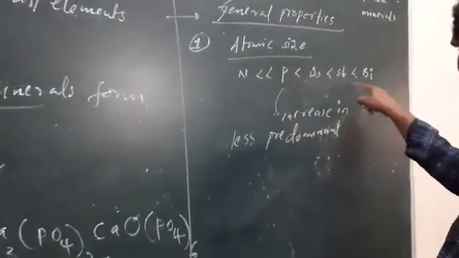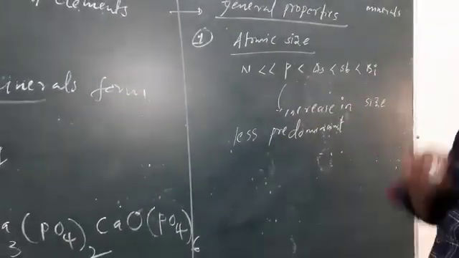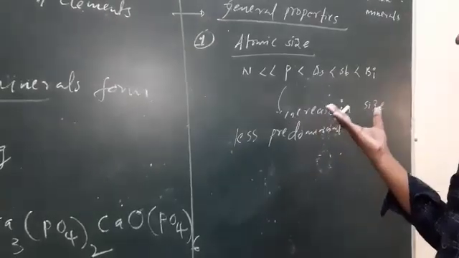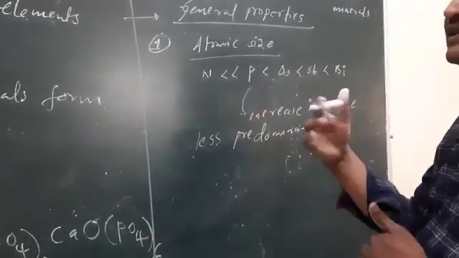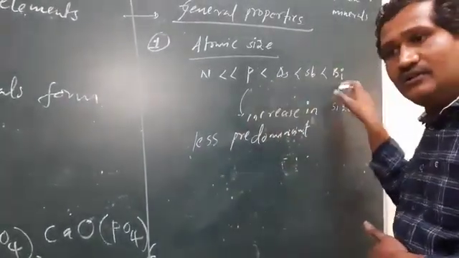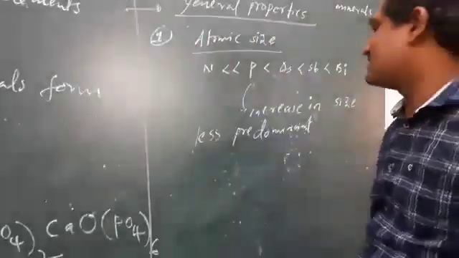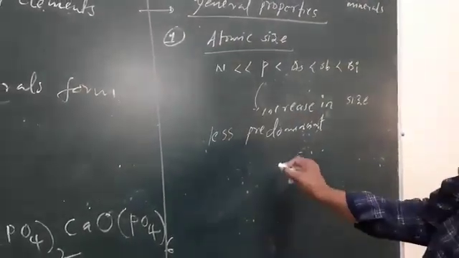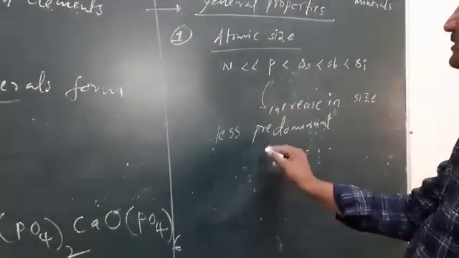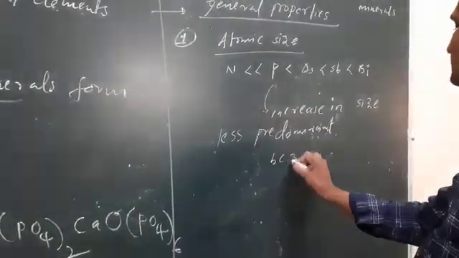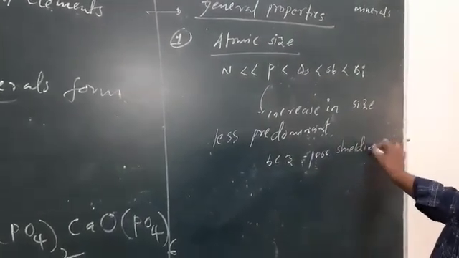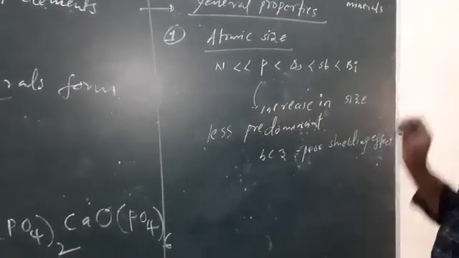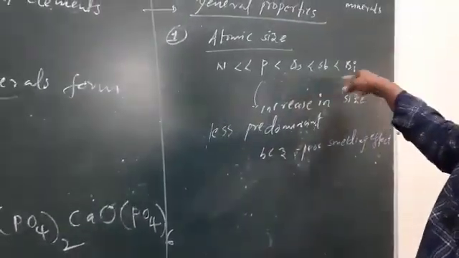So sizes increase from phosphorus to bismuth, but not by much, because of the poor shielding effect of d orbitals, and for the last elements due to f orbitals.